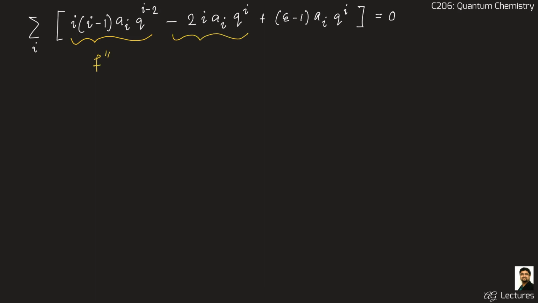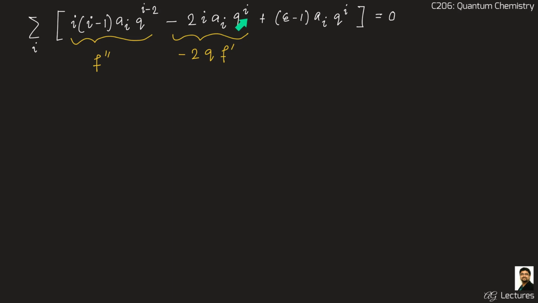This term came from the term minus 2q f prime. If you check, f prime has the power q to the i minus 1, but along with this q, the power goes back to i.